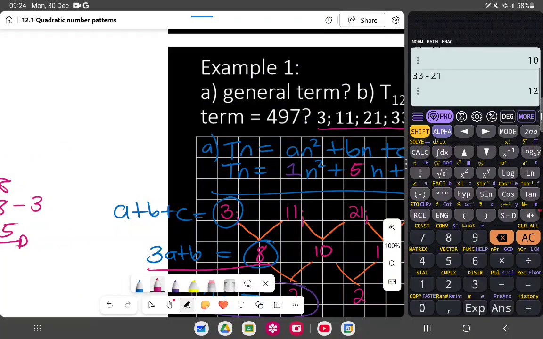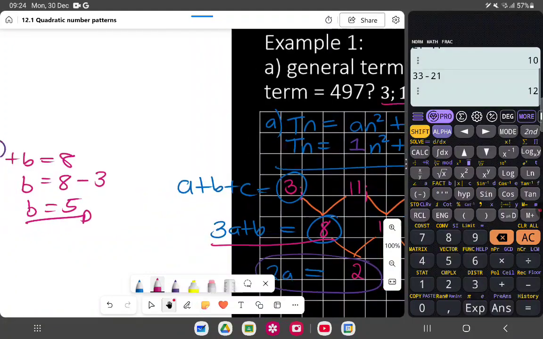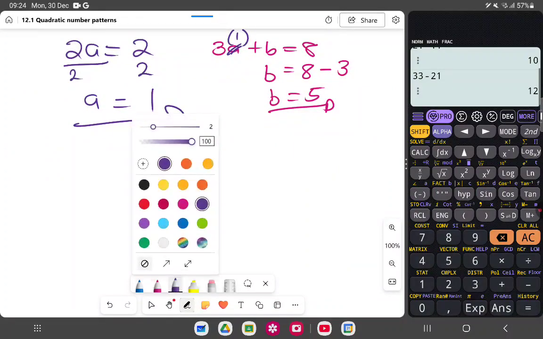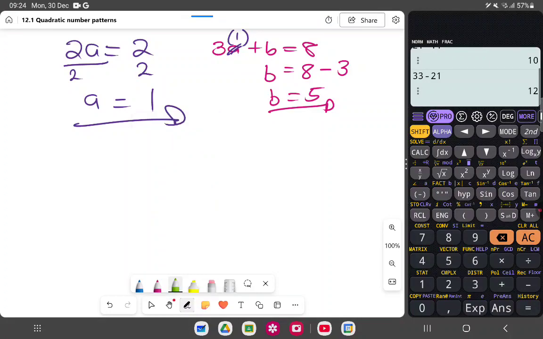Now we want to solve for C, and we know it's A plus B plus C equals 3. We can use a different color, let's go green. And we can say A plus B plus C equals 3. We know that A is 1, 1 plus B is 5 plus C equals 3.